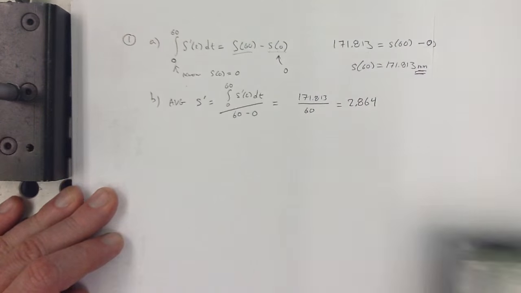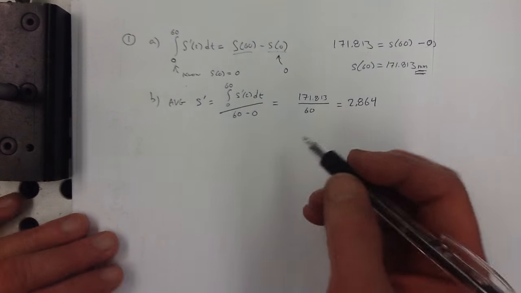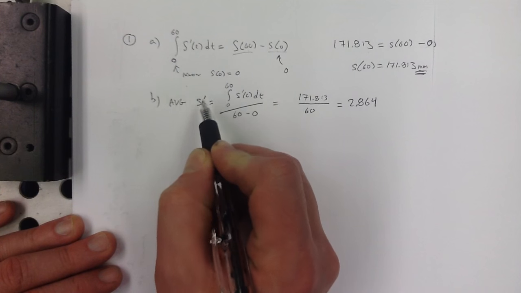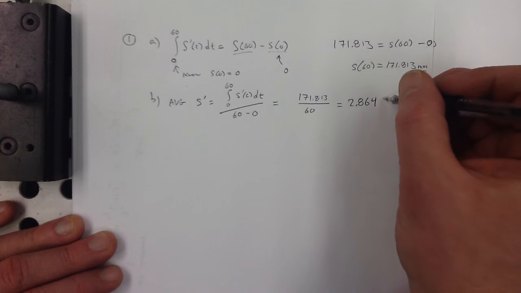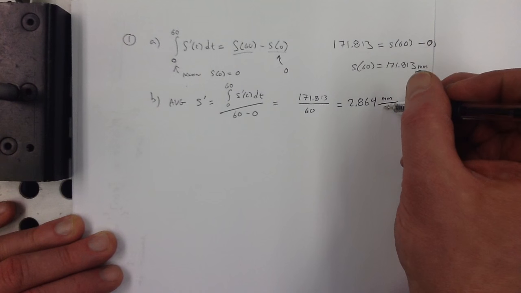2.864. Now let's think about the units for this. It says indicate units of measure. You want to leave them off? Hey, that's fine, but you're going to lose points for that. So let's try to get the units right. This is the rate of change of the height. So that means it's in units of height per units of time. And I believe that's days, right?